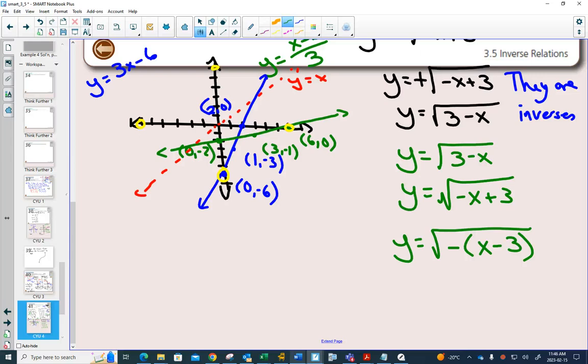Now that it's written in factored form, if I was to graph this, can you see that this would be a square root graph with a horizontal reflection? So that would flip it over the y-axis, and then translated 3 units to the right.